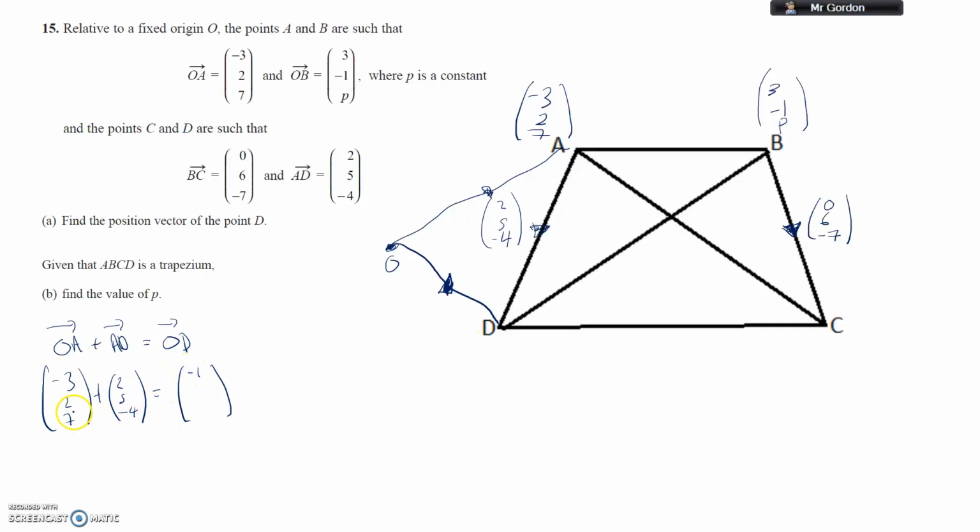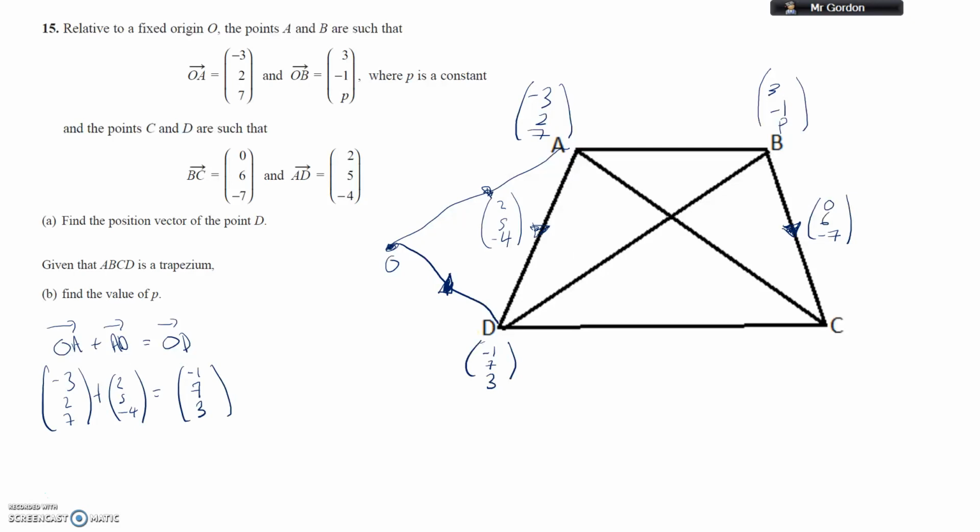I'm trying to do this in my head, so be careful. 2 plus 5 is 7, and 7 plus -4 is 3. So this is my O to D, and that is the position vector of D. I know where D is exactly. That gives you the first mark for O to D.